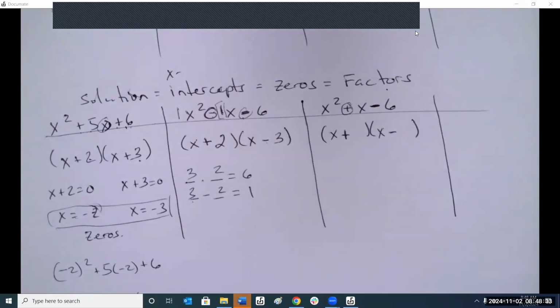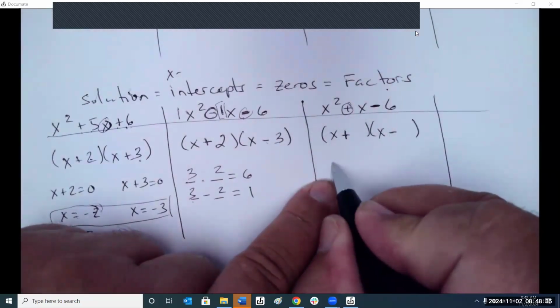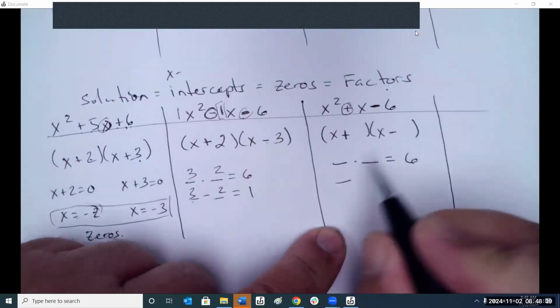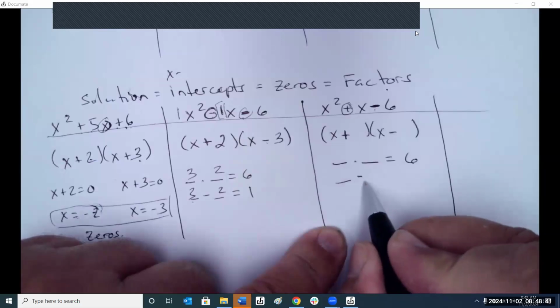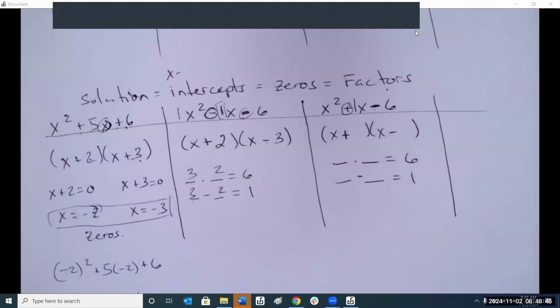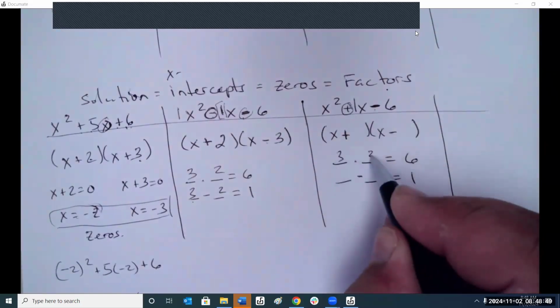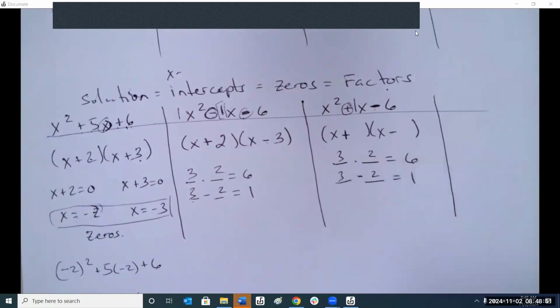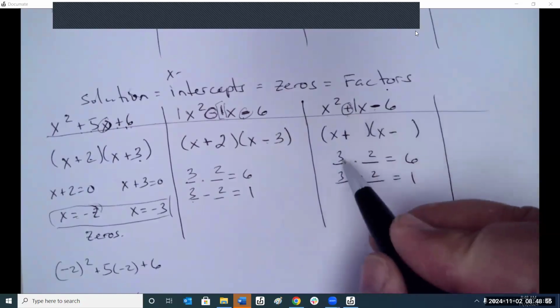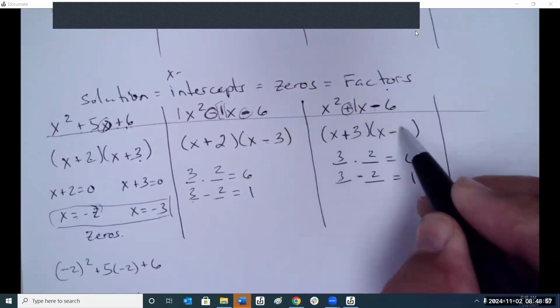The bigger number of what? Well, what times what equals 6? When we subtract them, we get 1, the B value. 3 times 2, 3 minus 2. So in this case, since the first sign is positive, the bigger number gets the positive.